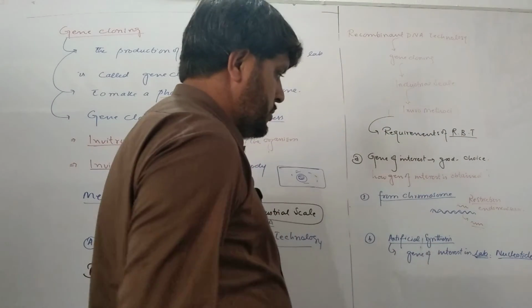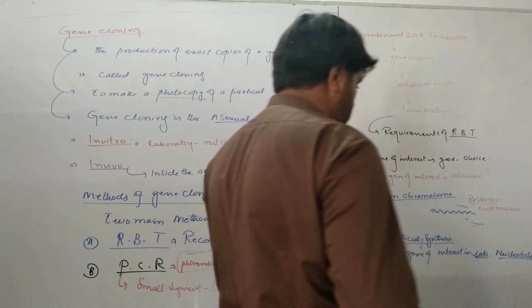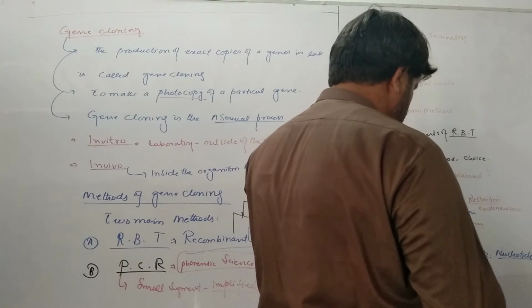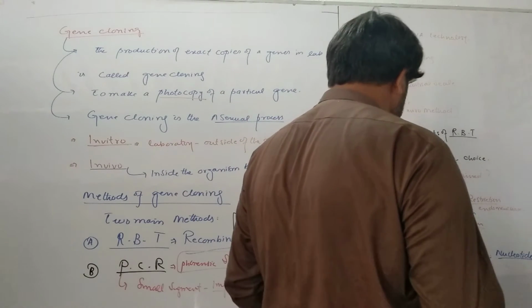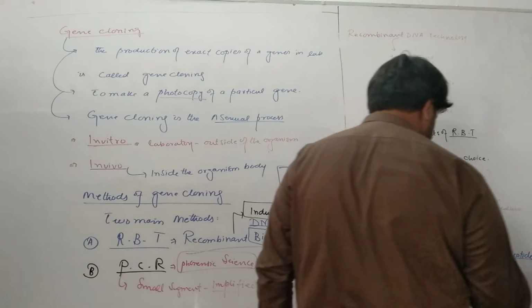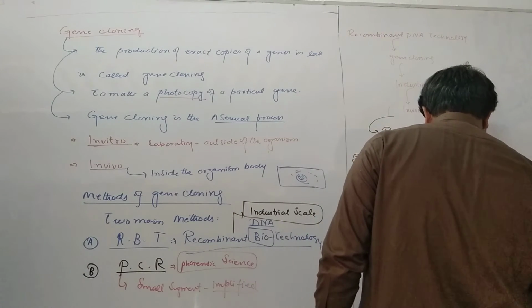This method is used when we make a very small segment of a gene. It is a very expensive method.